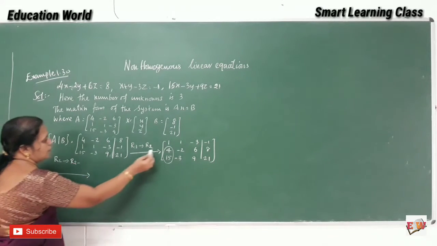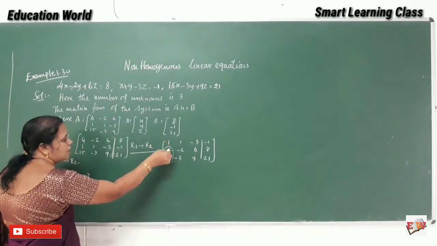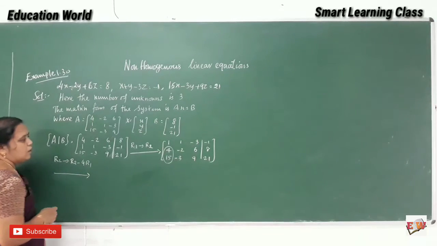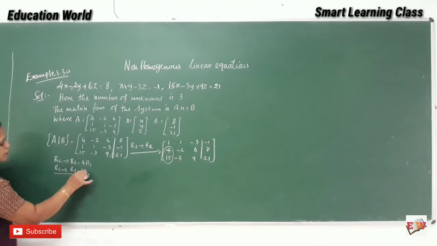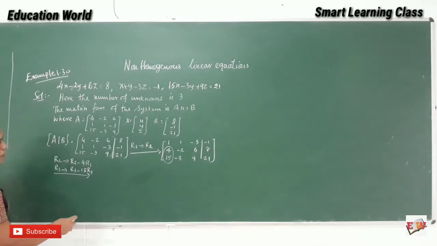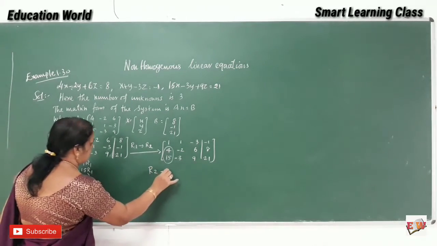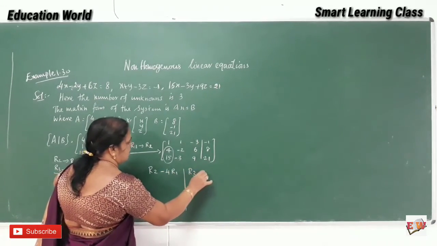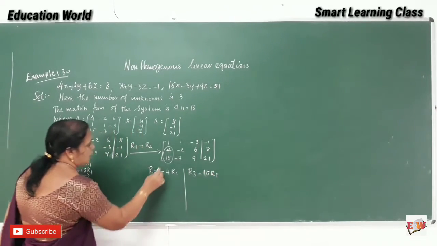R2 minus, here if you get the value 4, then 4 minus 4 is 0, so I am going to multiply by 4. R2 minus 4 R1, then R3 minus 15 R1.